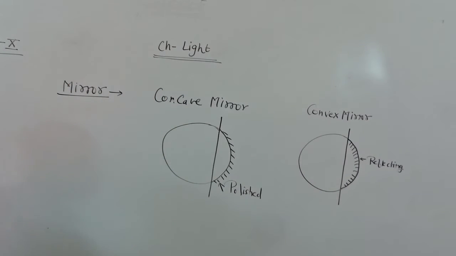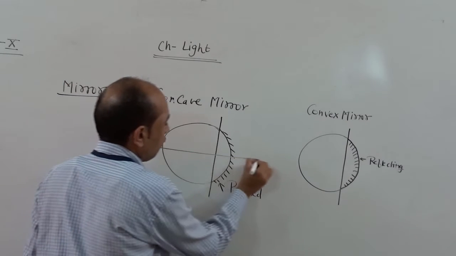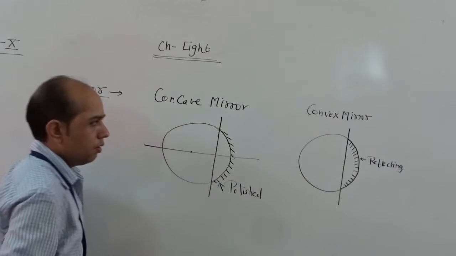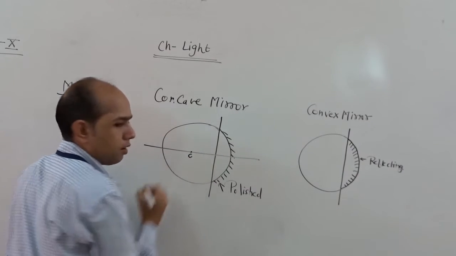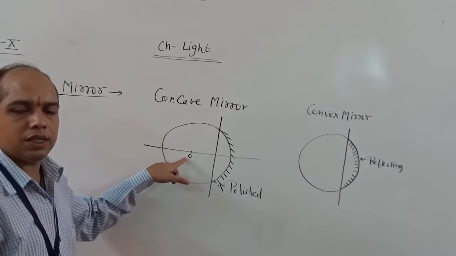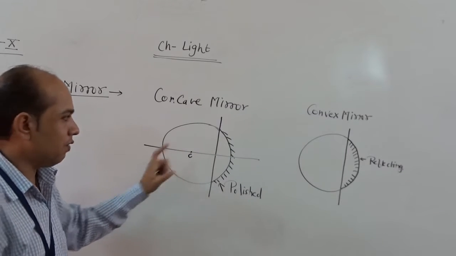Now we see some terms related to mirrors. If I draw one line at the center of the sphere, this point is the center of this circle, known as the center of curvature.